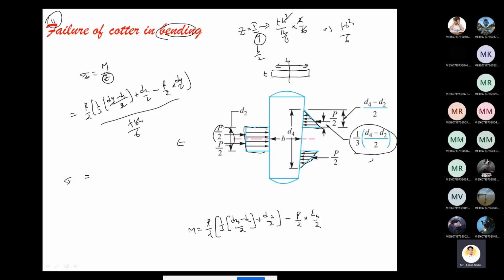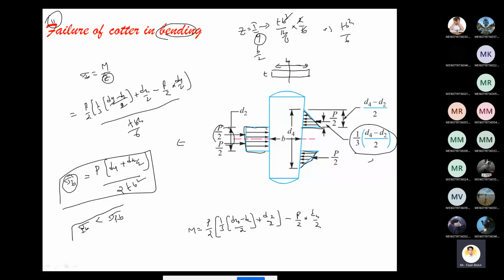Finally, if we simplify this, the bending stress equation is P into (D4 plus D2 by 2) divided by 2 T B square, right? This equation is called the induced bending stress. With this equation, the induced bending stress is calculated and checked against the permissible bending stress. The induced stress should satisfy this condition, then our design is safe.